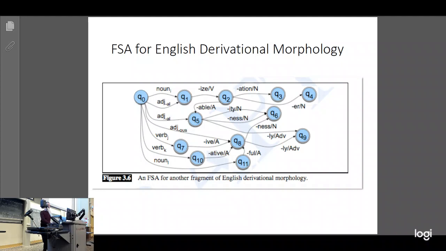And adj sub al is all of the al adjectives. And so on. And then Is/v is verbal Is. So the /v you can actually ignore.